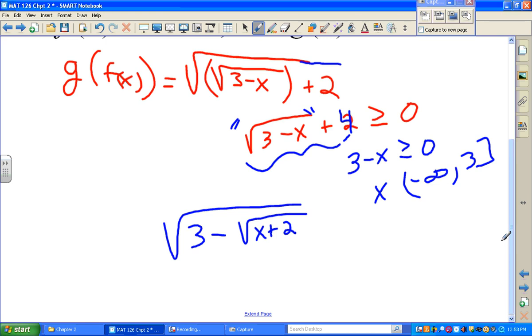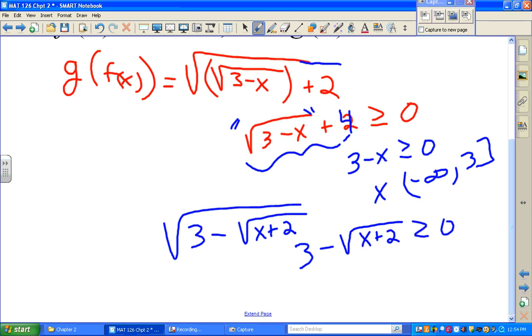Is there any number you can put in for x in this case where this will come out to be negative? Yeah, there's lots of them now. When you're adding a square root and a positive number, that's always going to be a positive number. However, when you're subtracting a square root and a positive number, now you have the potential problem of getting a negative inside the radical: 3 minus the square root of x plus 2.